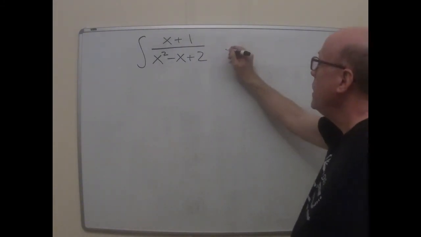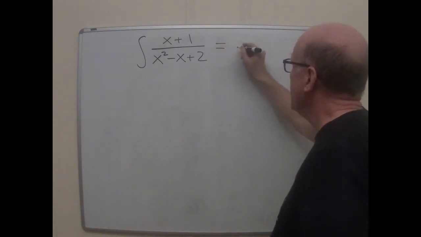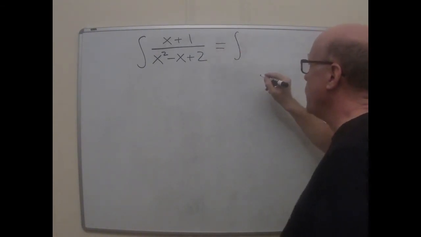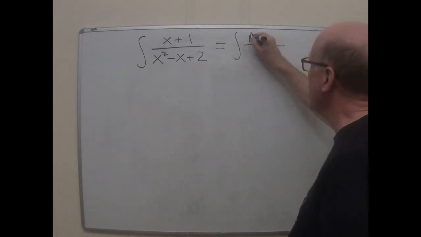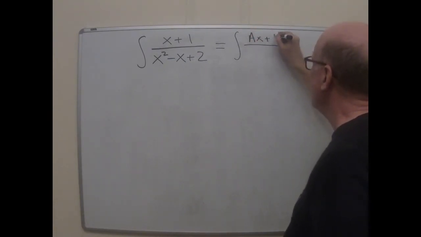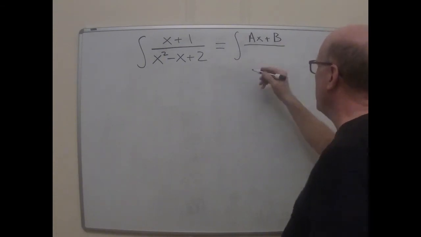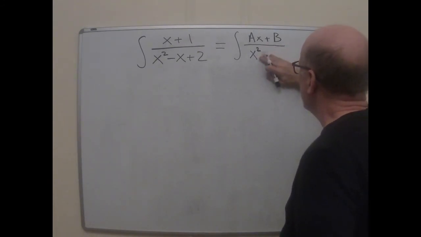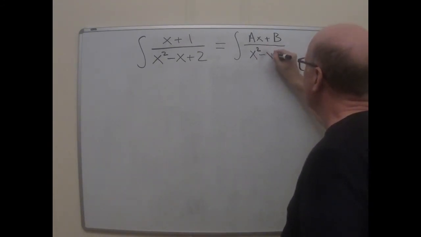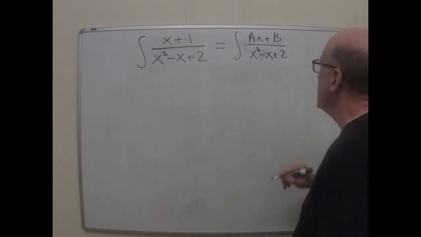We already know that. That means we can use the partial fraction decomposition for an irreducible quadratic. It means it has something of the form ax plus b in the numerator corresponding to that factor, and the irreducible quadratic, x squared minus x plus 2, in the denominator.